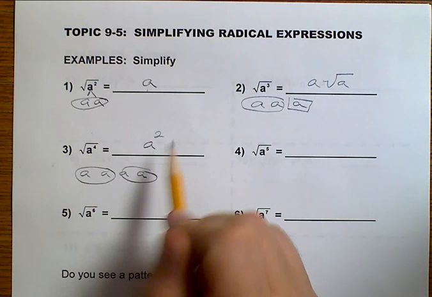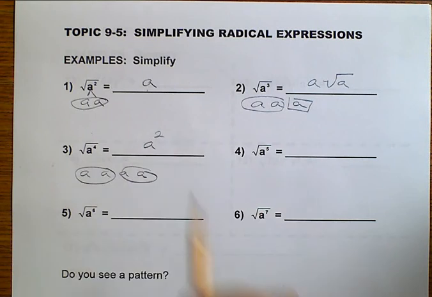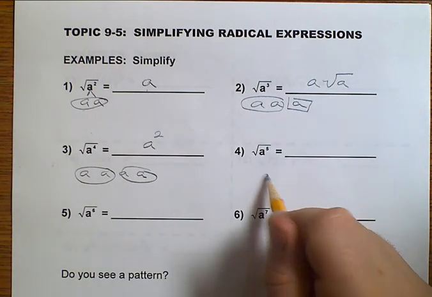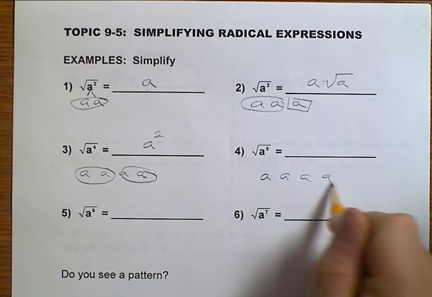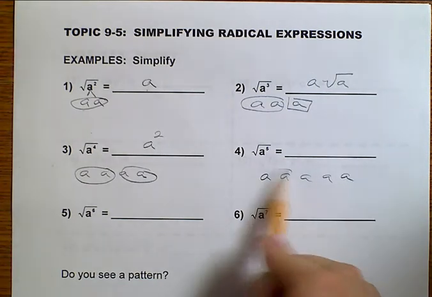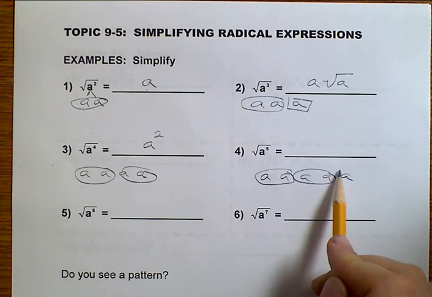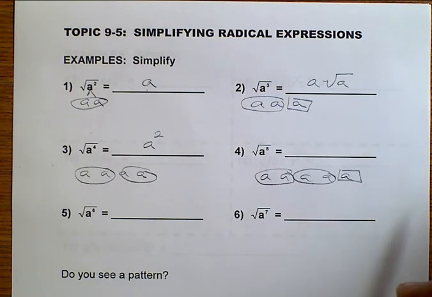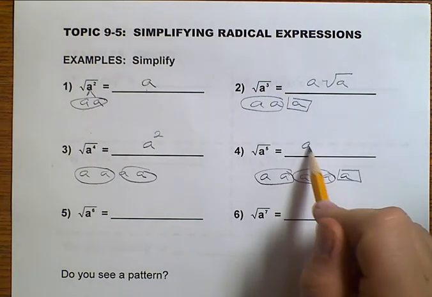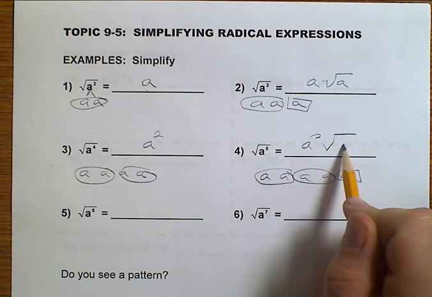So I get a squared. A to the fifth, 1, 2, 3, 4, 5. 1, 2 pairs with one lonely a. So it would be a squared on the square root of a.